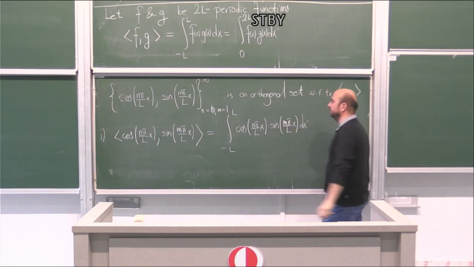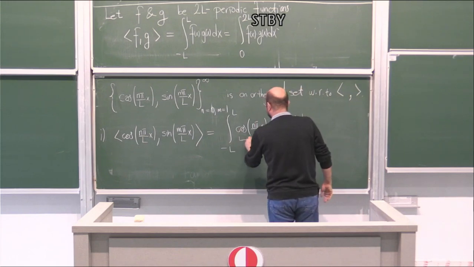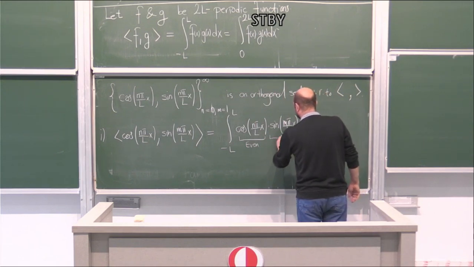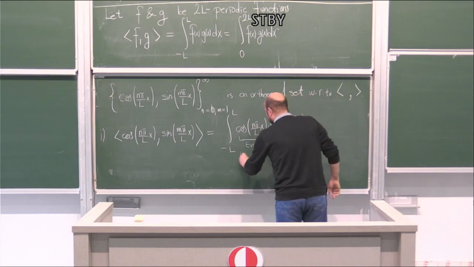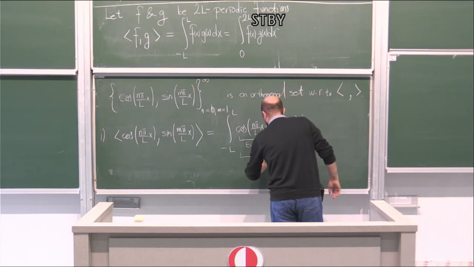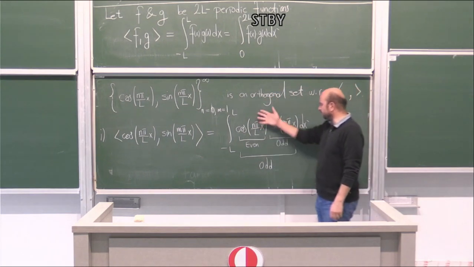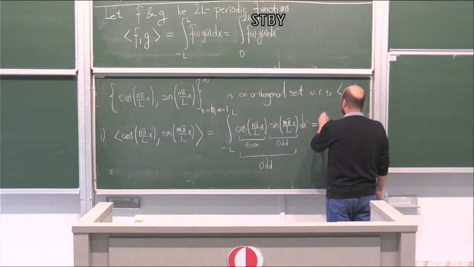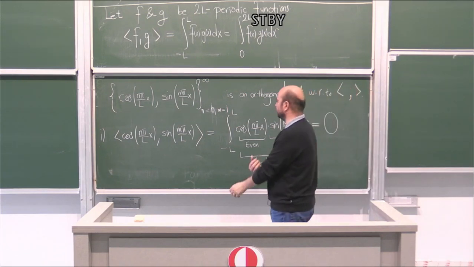This is what we have. But we know that cosine is an even function. Sine is an odd function. When you have an even and odd function multiplied, the result is an odd function. So you have an odd function on a symmetric domain from minus L to L, and we know that this integral has to be 0. So cosines are perpendicular to sines.